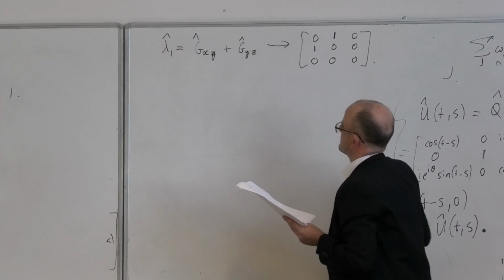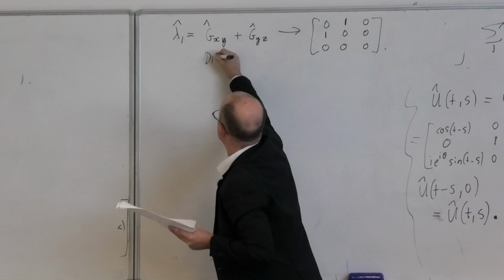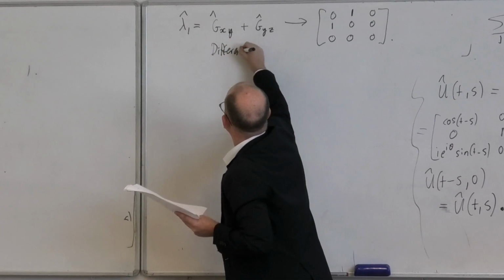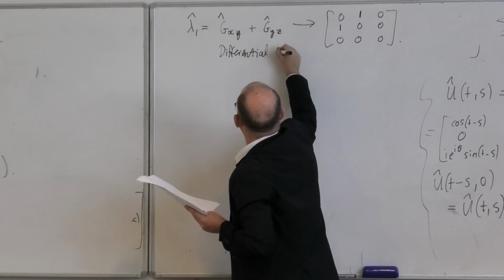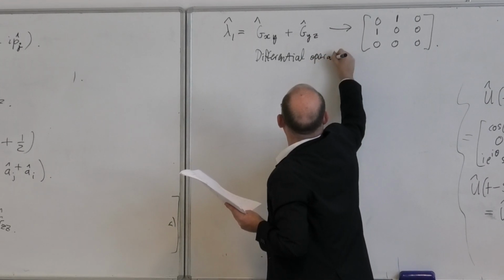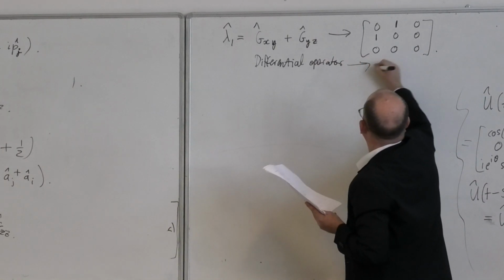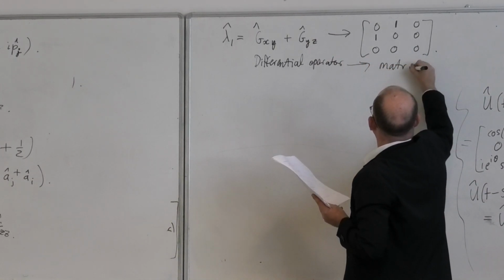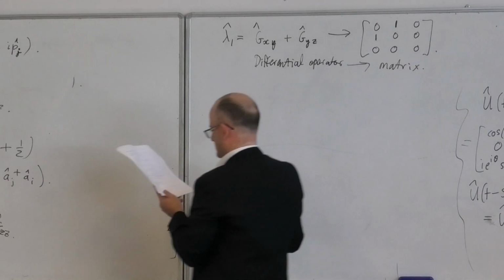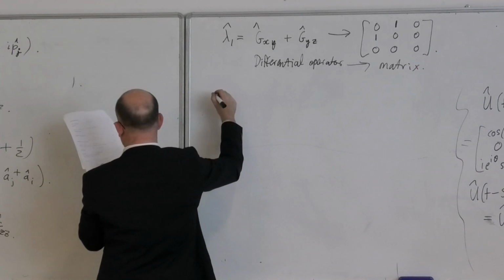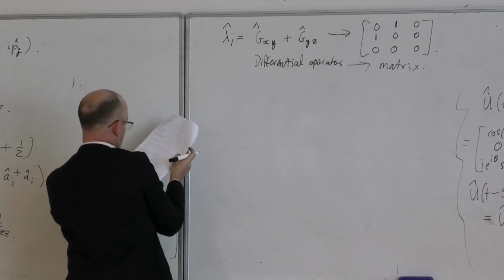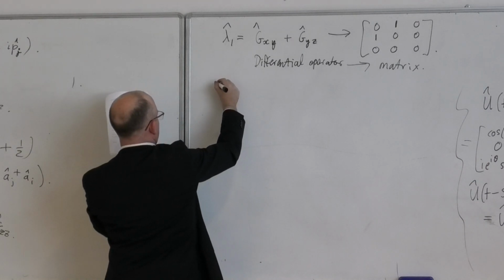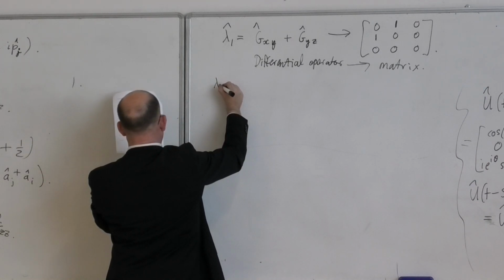Okay, so the thing is that this is a differential operator. This is a matrix. Okay, and you can write out all of the other operators that are associated with it. I'm just going to write out what the important ones are really.